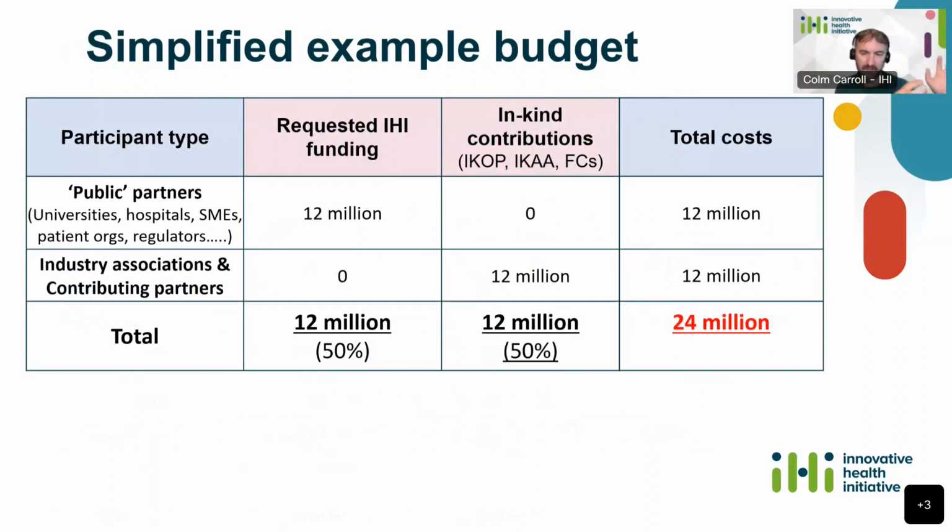Public partners will list their costs, and then they'll request IHI funding. Industry associations and contributing partners will list their costs, and then they will put in their in-kind contributions, as we call it. Again, this is to emphasize the importance of reaching out to industry partners so you can meet that eligibility criterion. So next slide, please.